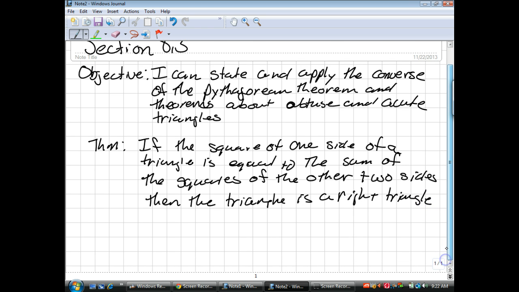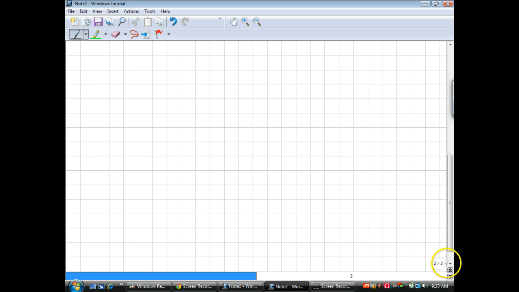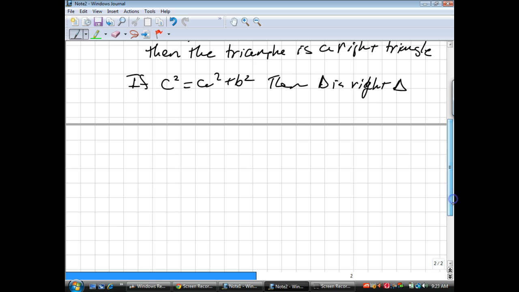Okay? So it says if c squared is equal to a squared plus b squared, then the triangle is a right triangle. Okay? So if we're given three lengths, we can determine if those three values form a right triangle.